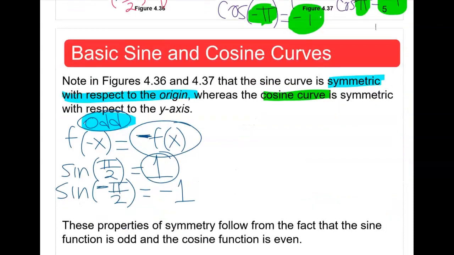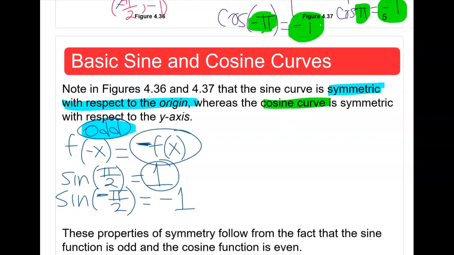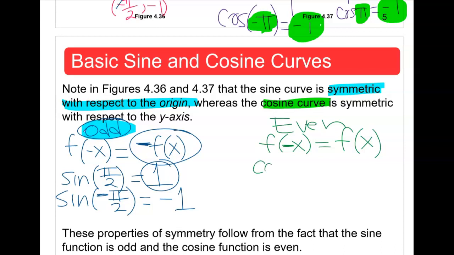So let's see how that compares to even functions. For even functions, the general rule is that if you replace the input with the opposite sign, then you will obtain the same output as the original positive one. So here we try cosine of negative pi.